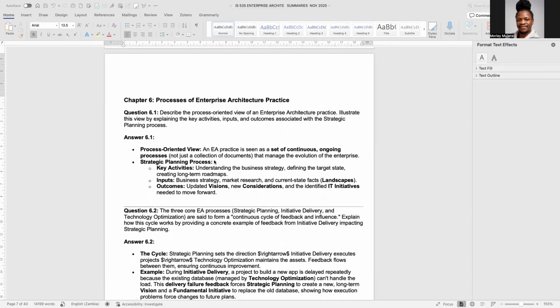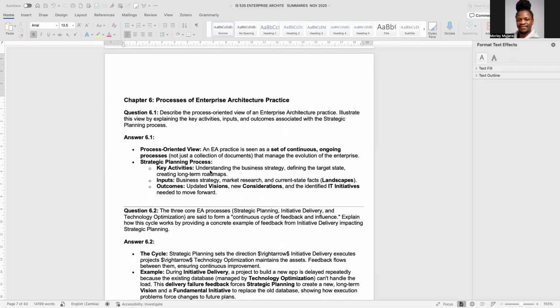An EA practice is seen as a set of continuous ongoing processes. It's very important that we understand that EA is not a once-off activity, but rather an ongoing set of continuous processes. It's not just a collection of documents. The main key activities are understanding the business strategy, defining the state, creating the long-term roadmaps, understanding where the business is and where you want to go.